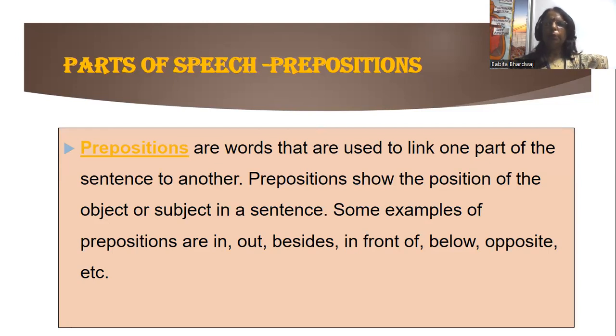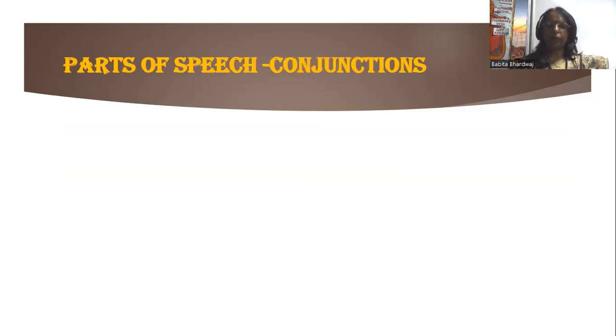Prepositions show the position of the object or subject in a sentence. Some examples of prepositions are in, out, beside, in front of, below, opposite, etc. With the help of these prepositions, we are able to see the position of the object in the sentence.